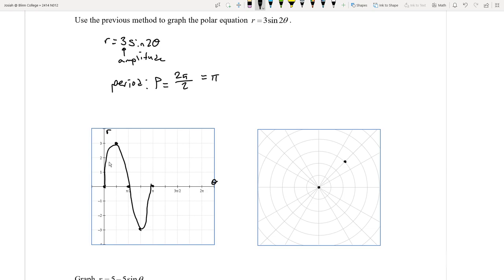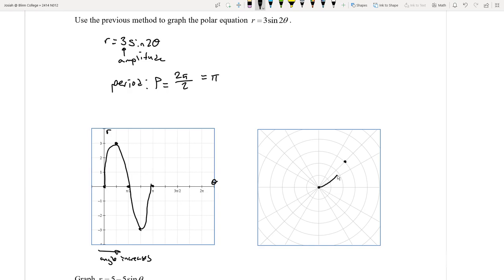So we have to figure out what happened in all this in-between space. So it looks like our angle is increasing as we go from left to right. So we think about it this way. As we're going from left to right on this graph, we are going counterclockwise in a circle on this graph. So our r is increasing as our angle is increasing.